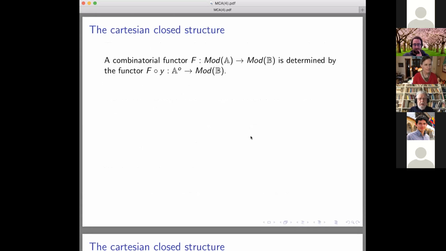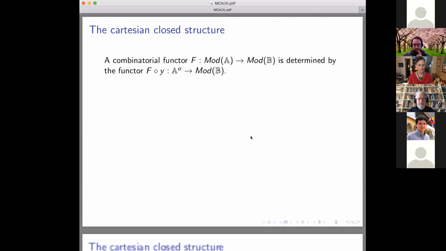Okay, now let's look at the morphisms, the combinatorial functors between A and B. Such a combinatorial functor is determined by its restriction along the inclusion of the finitely generated free algebras of A, because of the result I stated before. So it's completely determined.